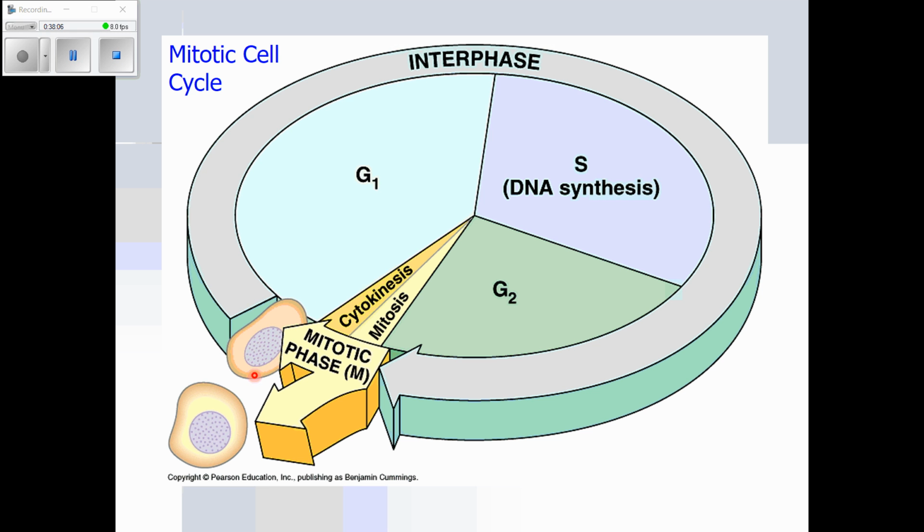This could be any somatic cell in your body, a skin cell, a lung cell, whatever you want it to be. And the first thing that this cell is going to do is enter into a period of time known as G1, in which intense growth is going to take place.